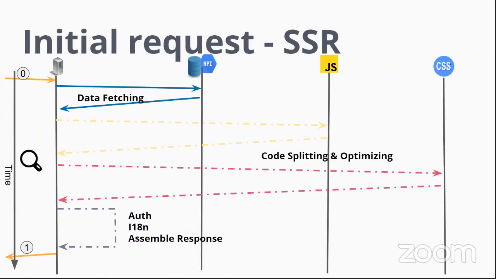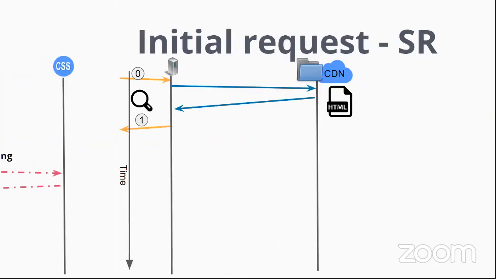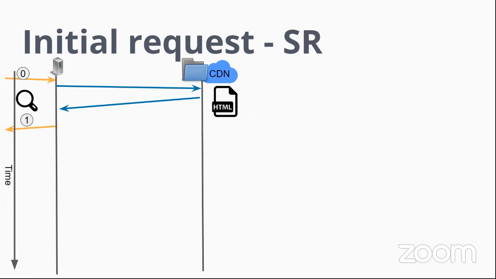If you have been working with other server-side technologies, like Java or .NET or other server-side languages, this is something similar to what we do with a server-side rendered Next application as well. Then we come to a static rendered web application.